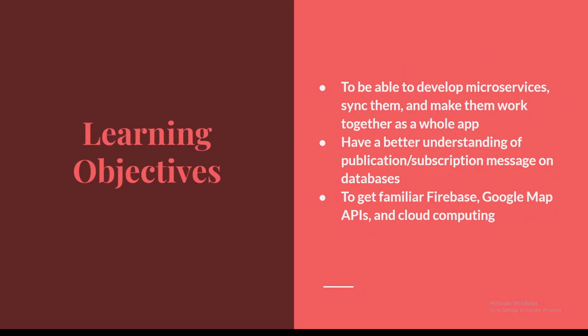Part of the learning objectives of the project is to be able to develop microservices whereby whenever an order is placed on Flavor, riders will be matched with that order from teleport. That's one of the learning objectives. Another thing is to have a better understanding of pub and sub, all this publication and subscription message queries and asynchronous functions.